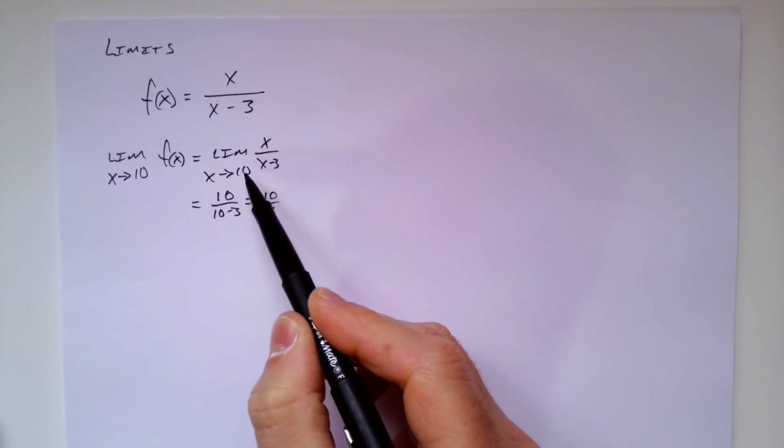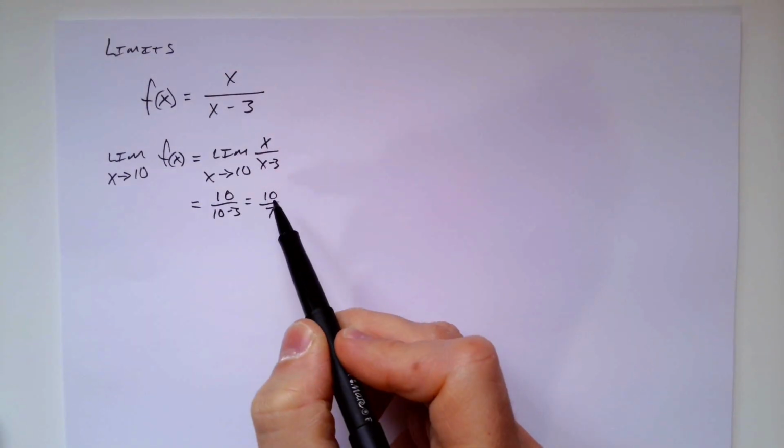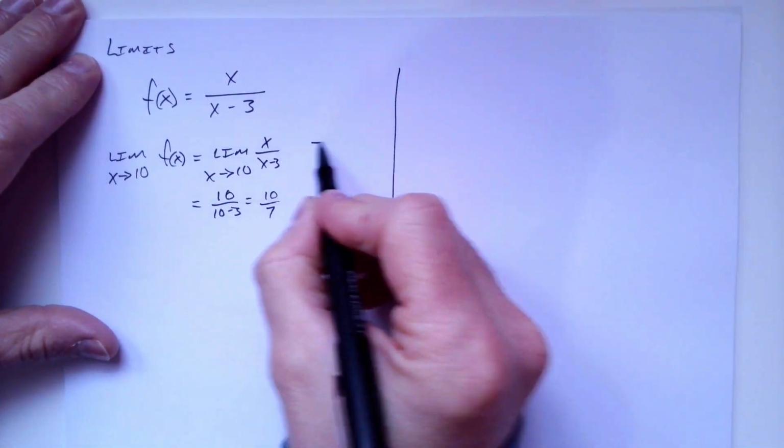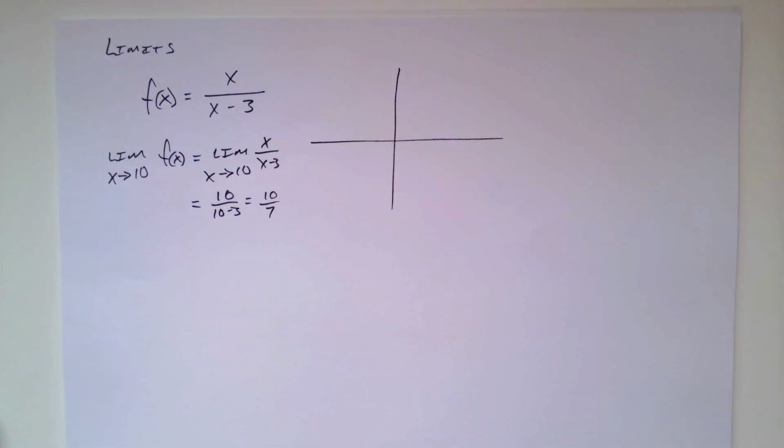We can see this very nicely by looking at the graph. There are a number of ways you can graph this: you can grab your graphing calculator, or go to Desmos. However you want to do it, I'd strongly encourage you to use a tool that you have accessible to look at what this looks like.